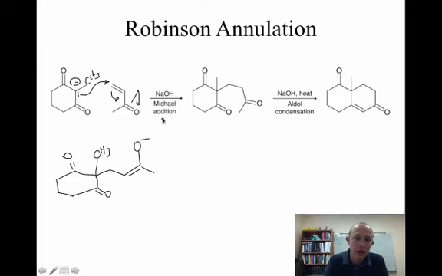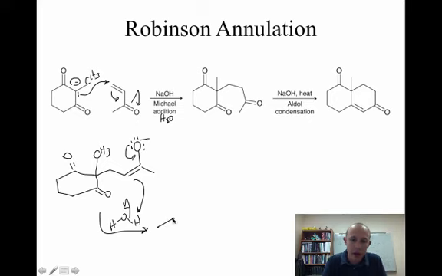Usually we do this with some aqueous solvent, so let's say it's water. Well, the enolate can get protonated. So now the product after the Michael addition is this guy, which I've drawn differently here.